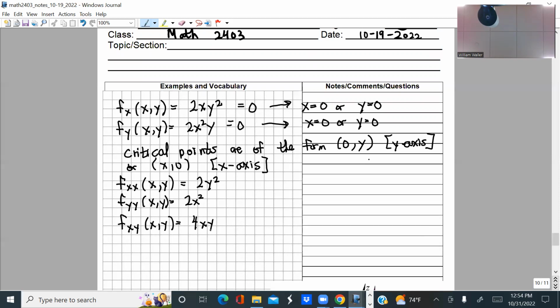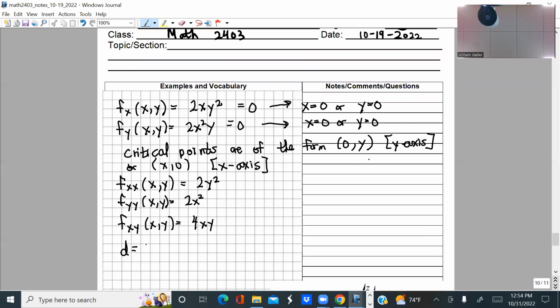So let's try calculating the D value for this type of critical point, points on the y-axis. Let's see if we can compute the D value here.